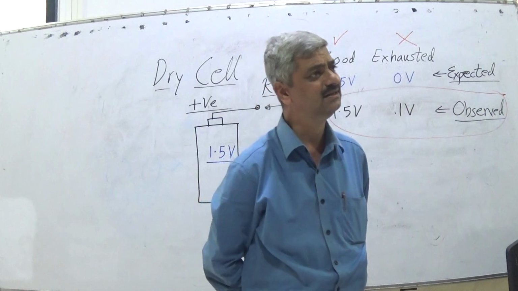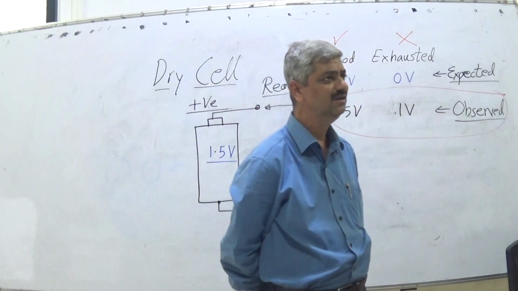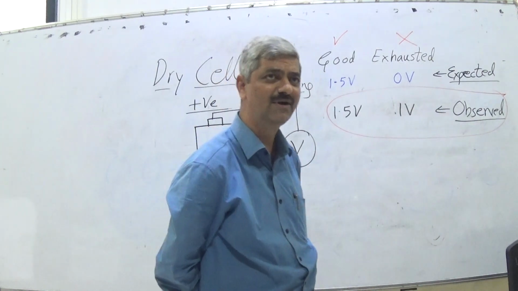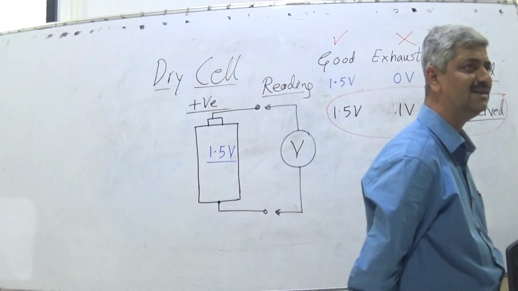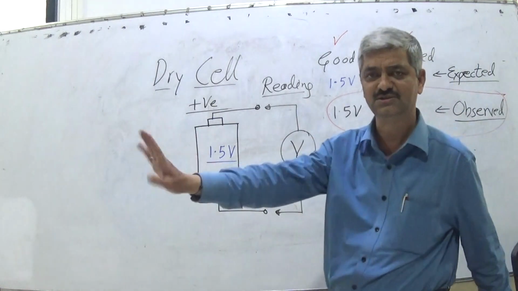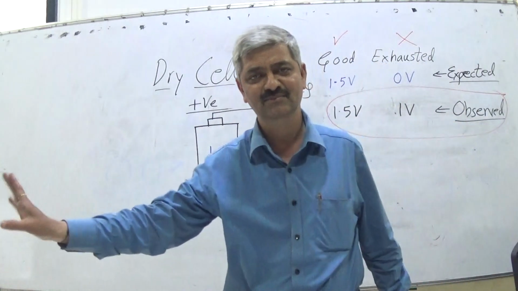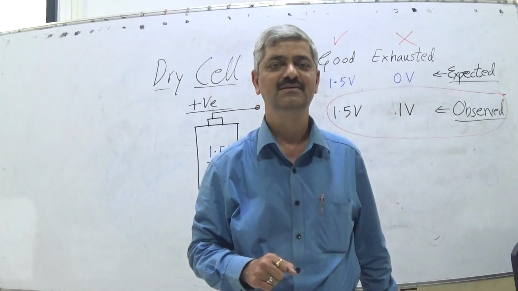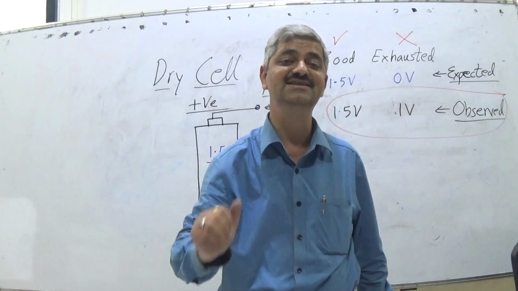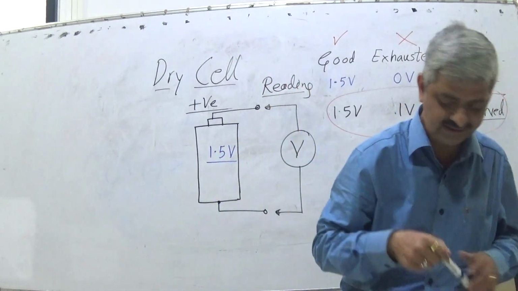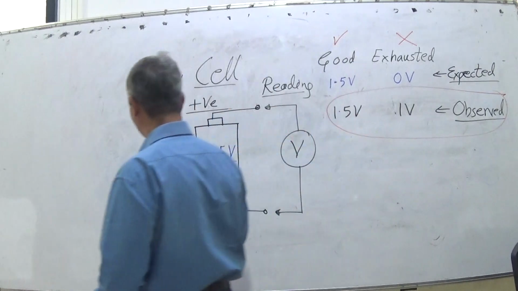Yes, it is said that a good cell is 1.5 volts and an exhausted cell is giving 1 volt. So you will try to be a mini Einstein. You will go to your neighbor: don't throw away the battery cells which are exhausted, give them to me. Then you will take 3 such cells in a radio which operates on 3 volts.